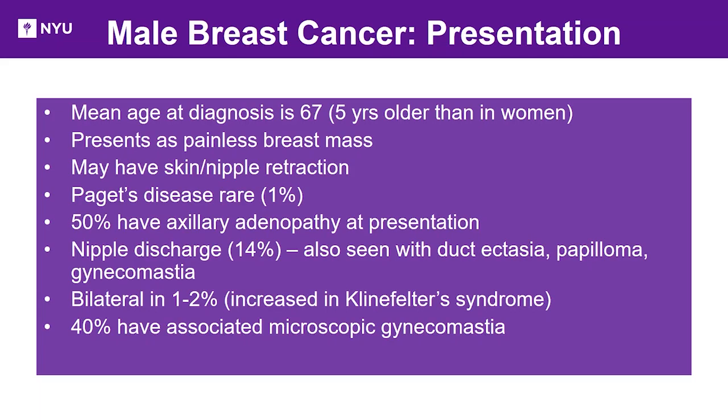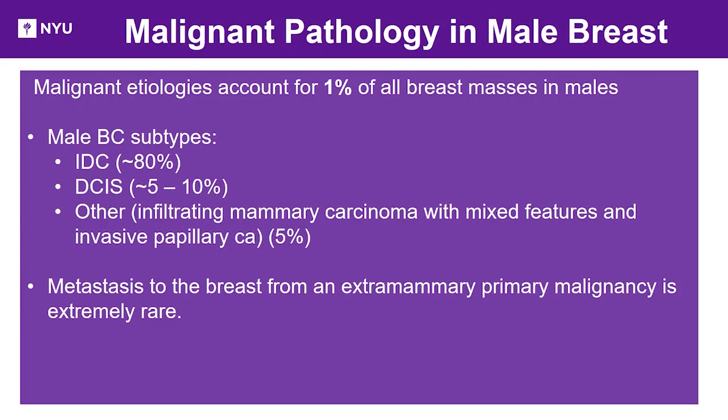And of note, on pathology, they do see quite often that there is associated gynecomastia in men who are diagnosed with male breast cancer. So I wanted to talk about the breast cancer subtypes. As I alluded to before, you don't have invasive lobular carcinoma because lobules are pretty rare in men.